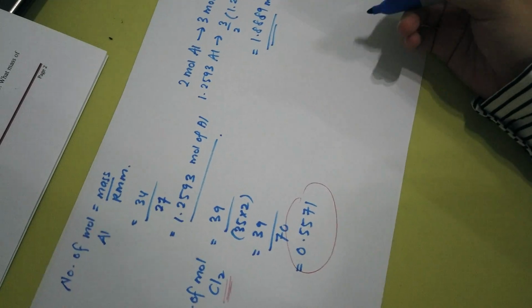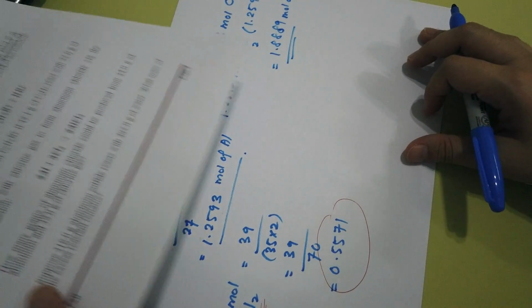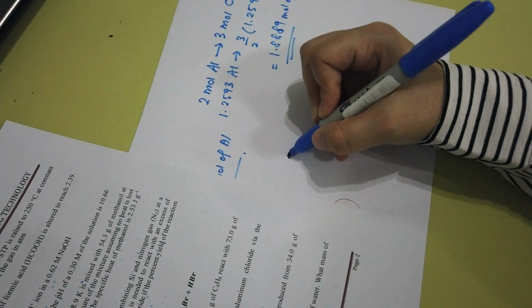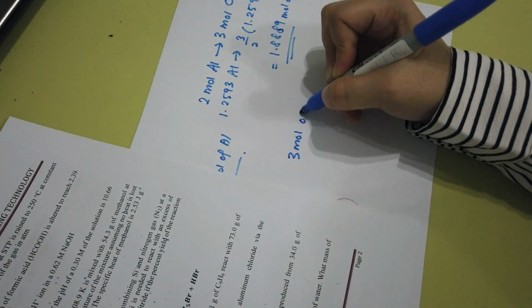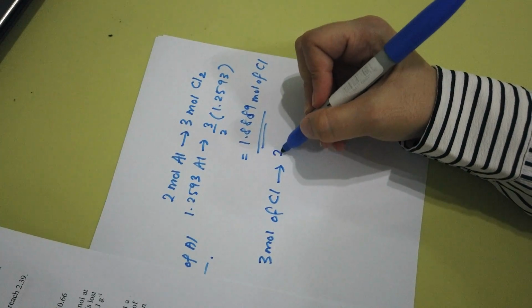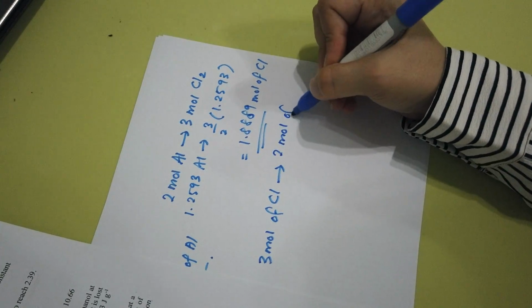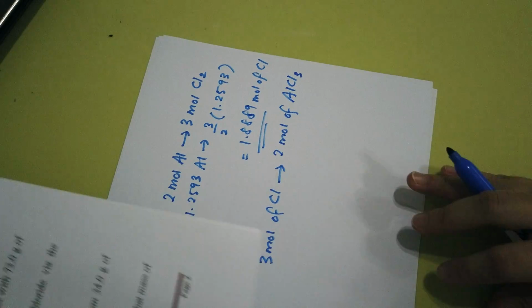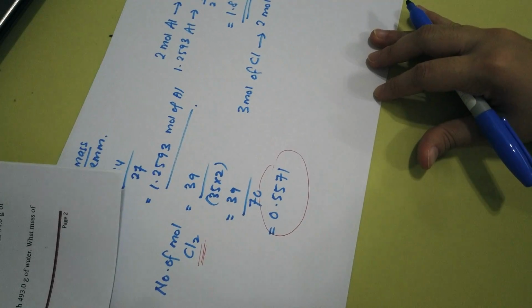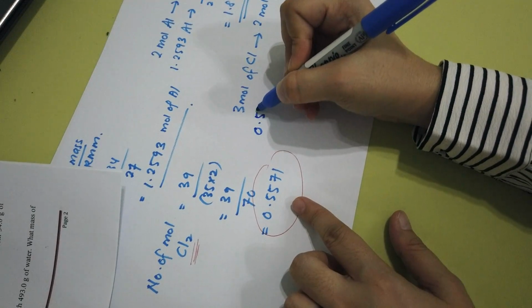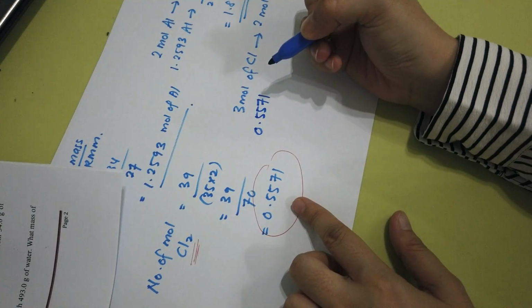So looking back again at the chemical equation here, 3 mole of chlorine will produce 2 mole of AlCl3. So the number of mole of chlorine that we have is just 0.5571.